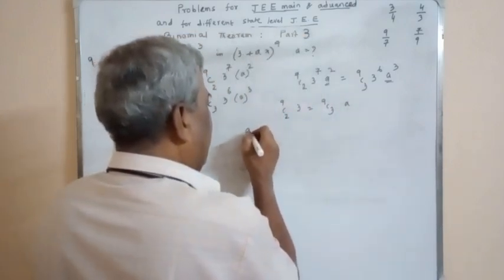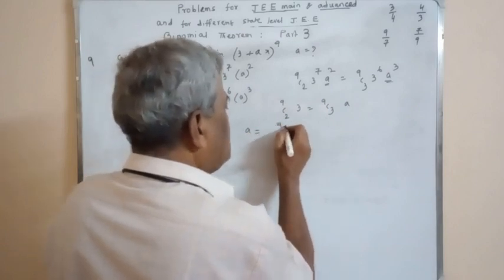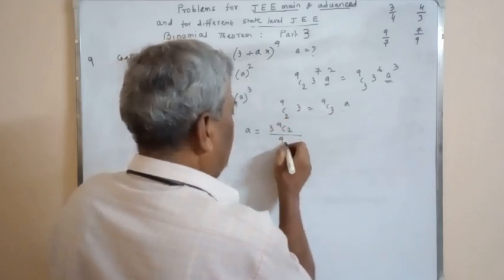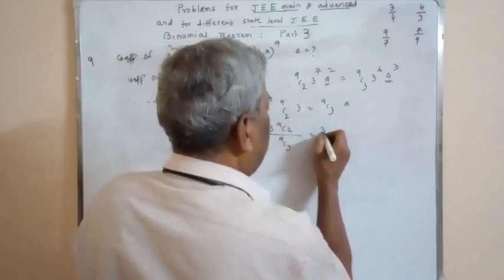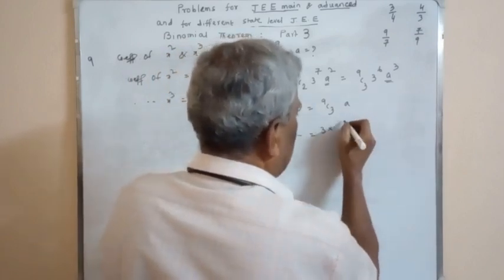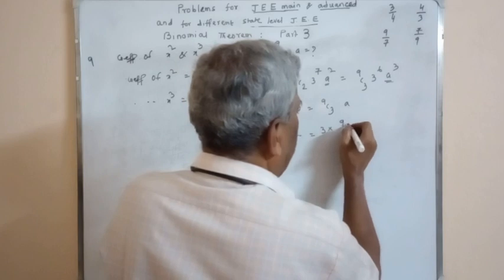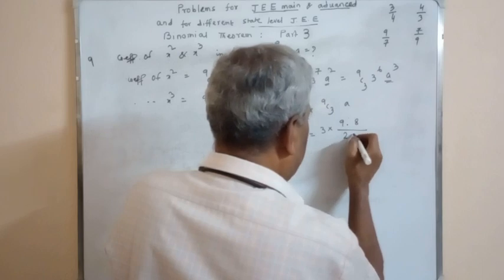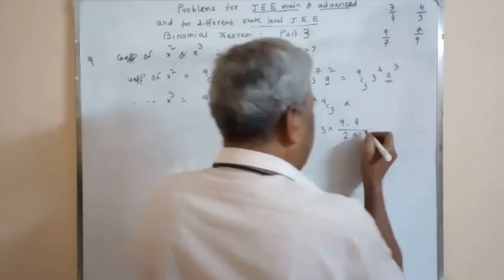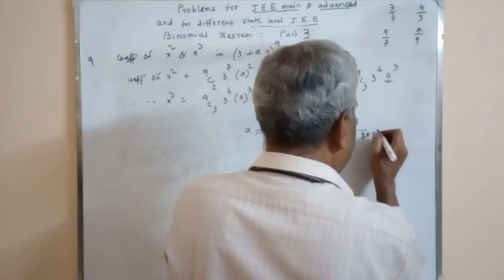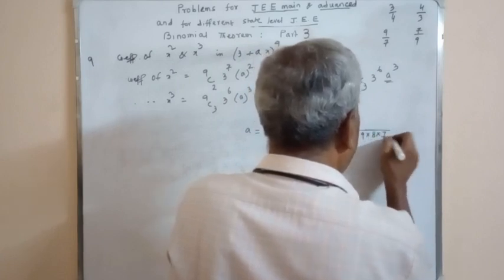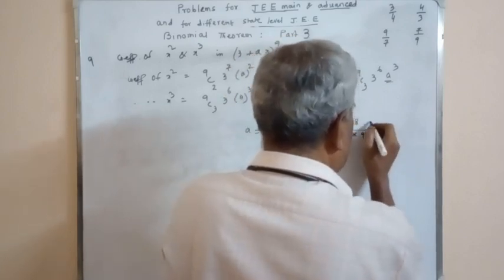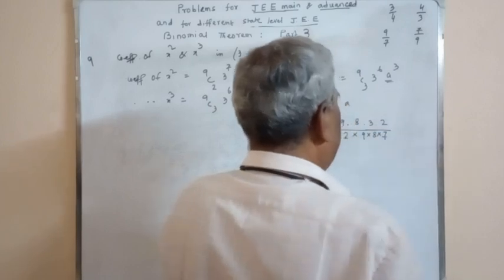So a is equal to 3 into 9c2 divided by 9c3. 9c2 is simply 9 into 8 by factorial 2, that is 2, and 9c3 is 9 into 8 into 7 by factorial 3, that is 6, 3 into 2 into 1.